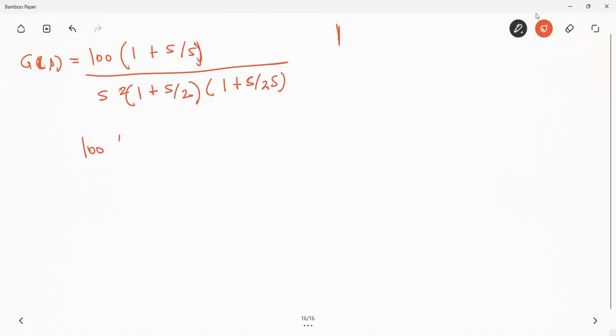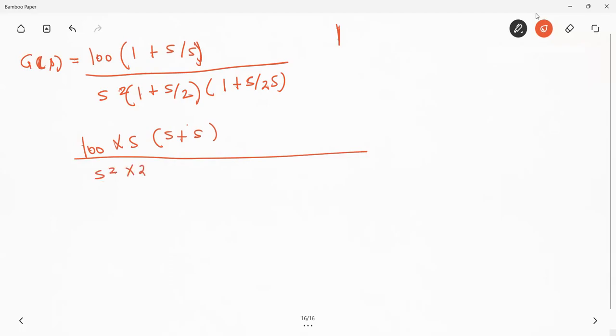So this is 100 into 5, and this will become my s plus 5 over here, and then down there s square.